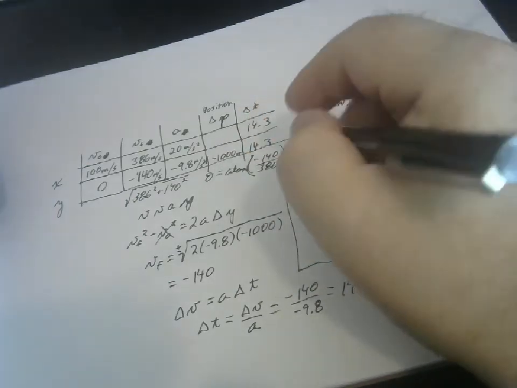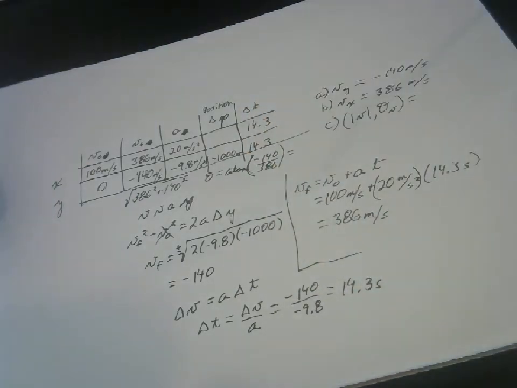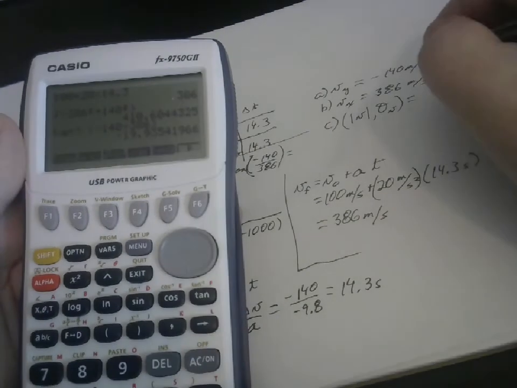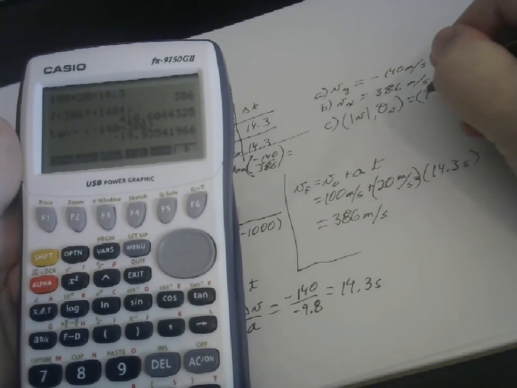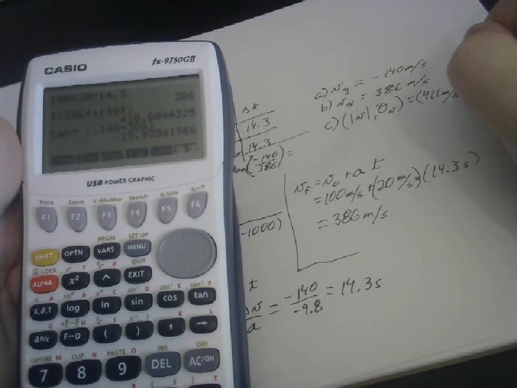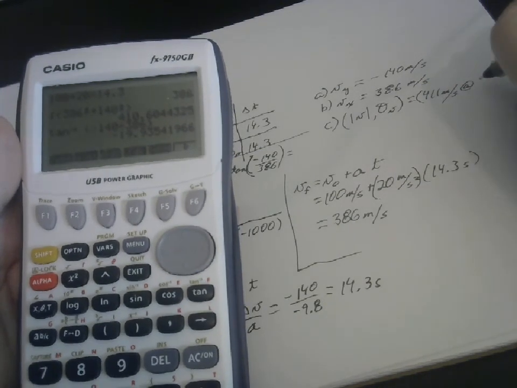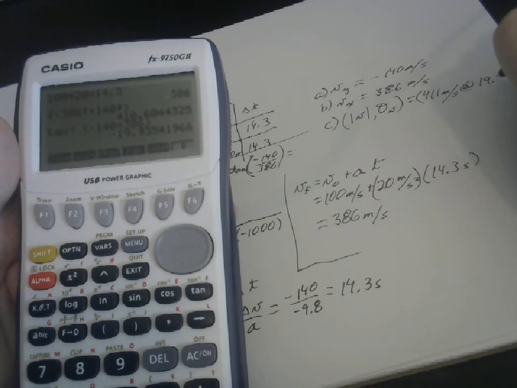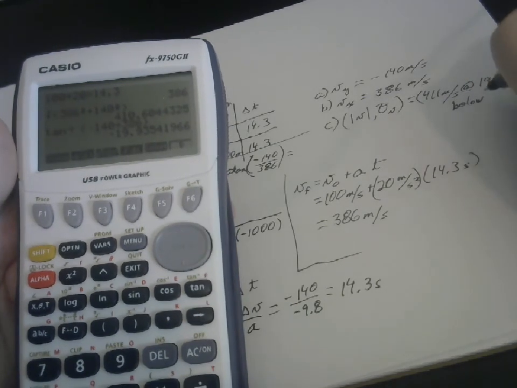And we won't add 180 because x is greater than 0. So it comes out to be 411 meters per second at 19.9 degrees below the horizontal.